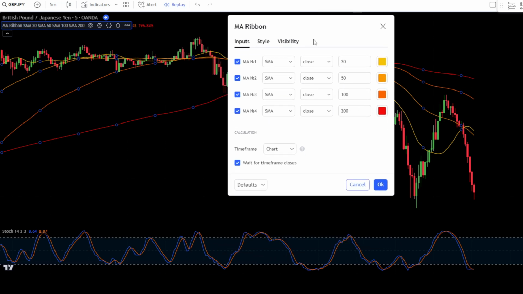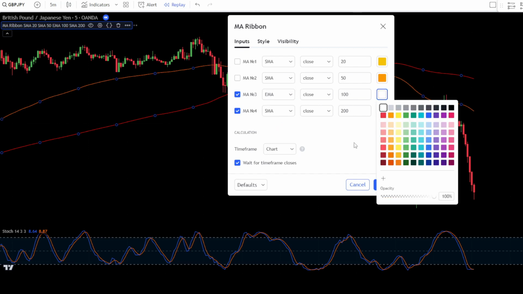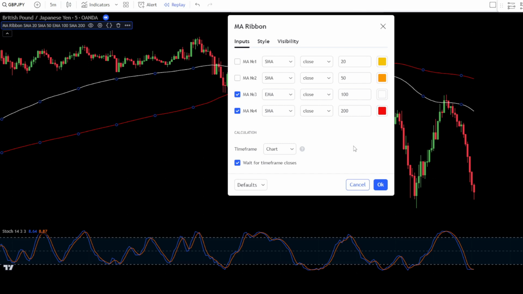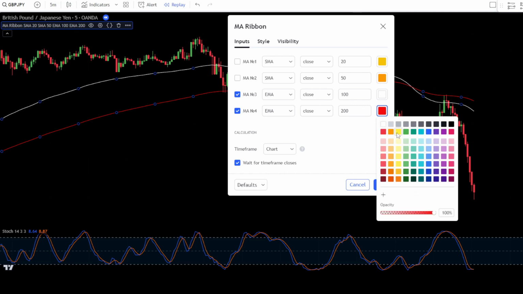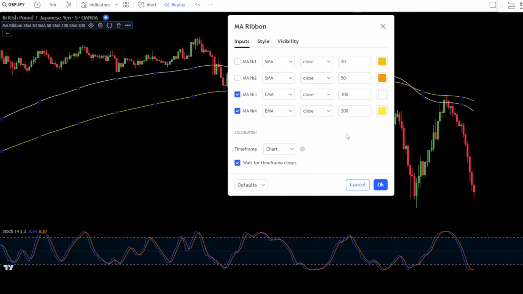In the Input tab, disable the checkmarks for MA number 1 and MA number 2. Then change MA number 3 to EMA and change its color to white. Next, change MA number 4 to EMA and change its color to yellow. Once done, click OK to confirm the changes.